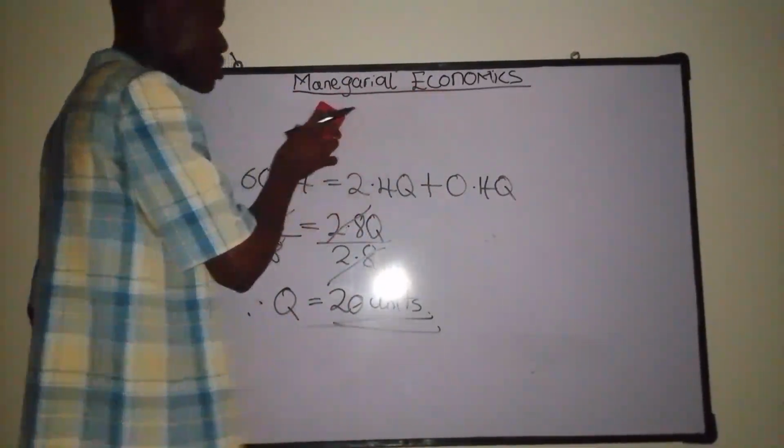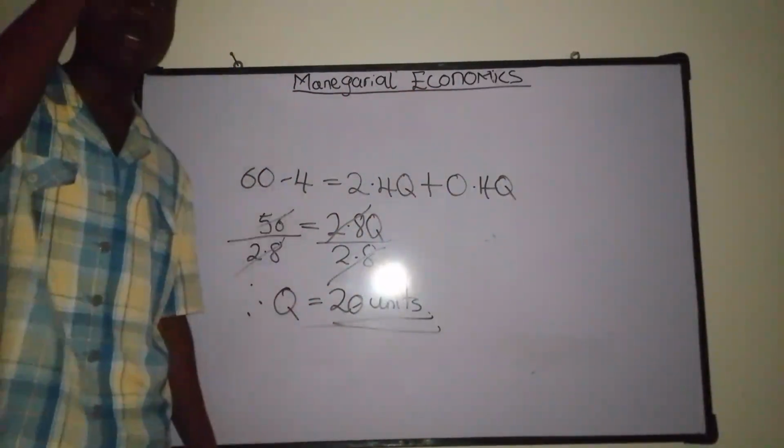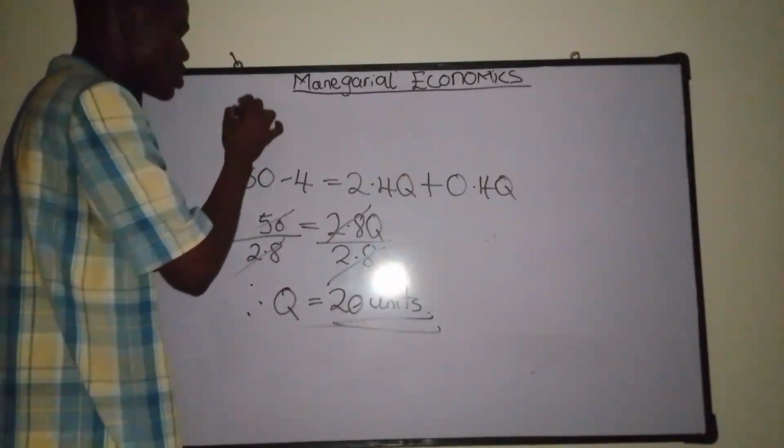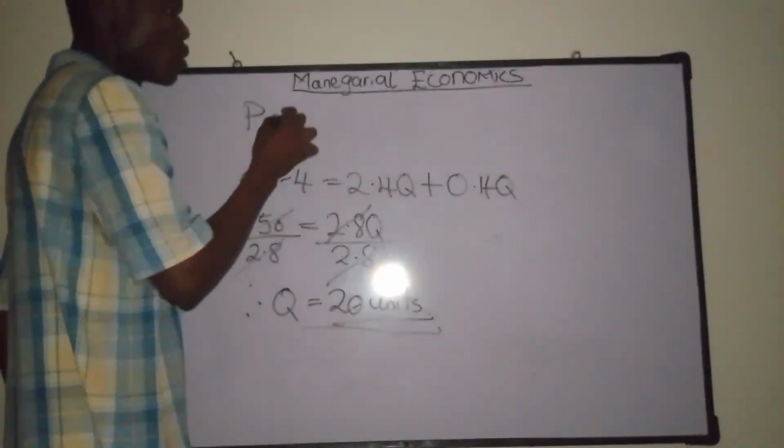In finding the price now, we make use of the question given before, which is P equal to 60 minus 0.2Q.